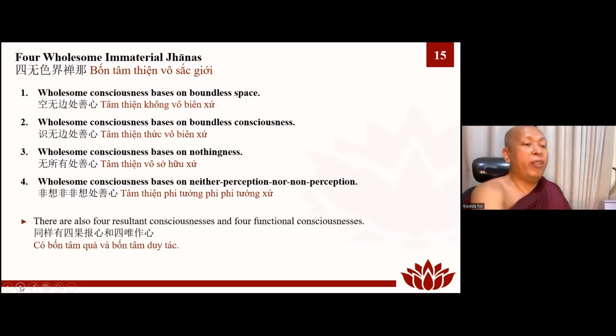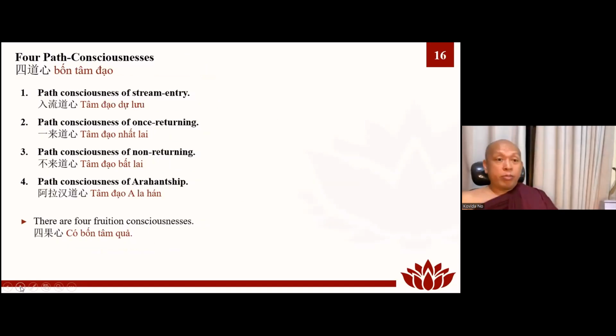Then we also have supramundane consciousness. As you have known, Sotapanna, Sakadagami, Anagami, and Arahats, right? So we also have the path consciousness of stream entry, once returning, non-returning, and also path consciousness of arahatship. 4 path knowledges, 4 path consciousnesses.